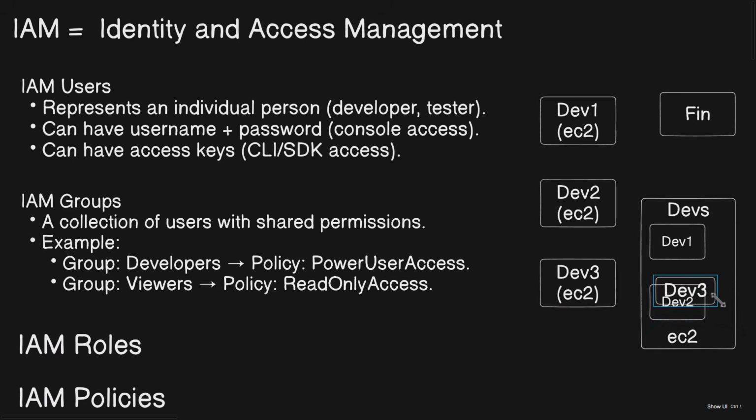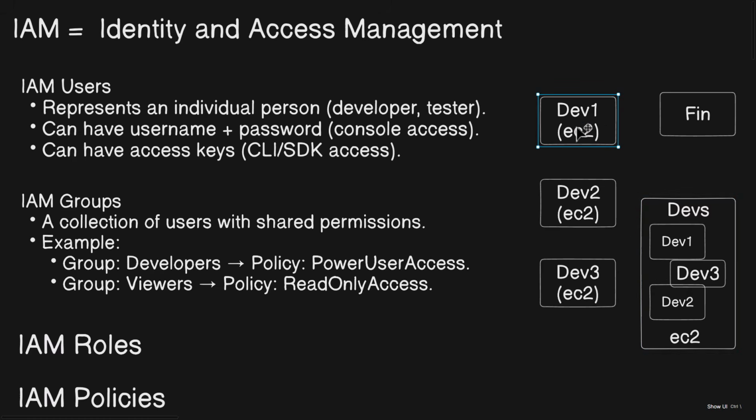Whenever they join this team, they are automatically given the permissions that have been given to this entire group. I hope this is making sense. So there are 3 devs that have been added in this particular group. Now if a 4th one joins, I don't have to do anything. I just have to create an IAM user and add that person to this group.